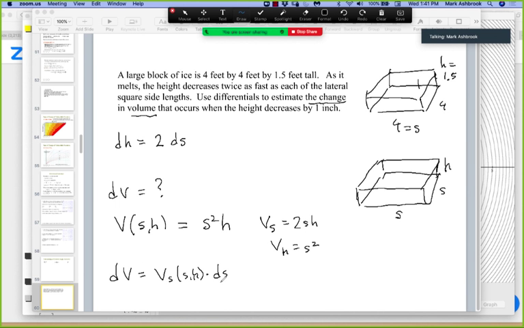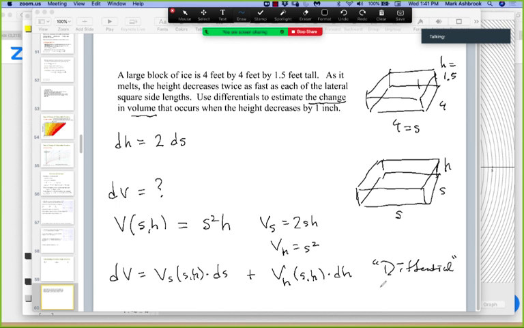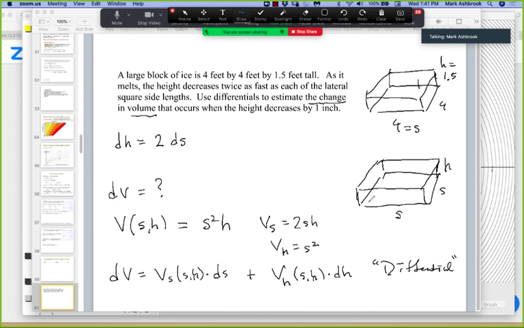The rate times the change in side length plus, this is what we just did on the other slide, the rate times the change in height. So this is our differential equation. And so we've got that for our changing situation here.